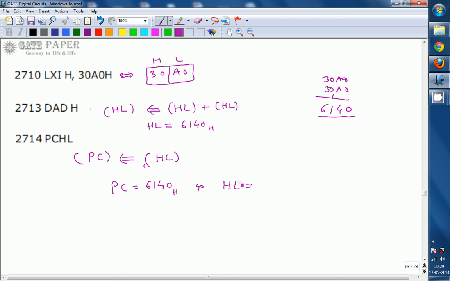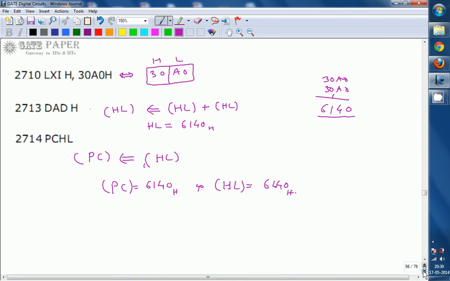So the contents of HL are still 6140. Both are going to be the same. PC will be 6140H and HL also has the same contents. So the contents of PC and HL are 6140H. This is going to be the right answer.